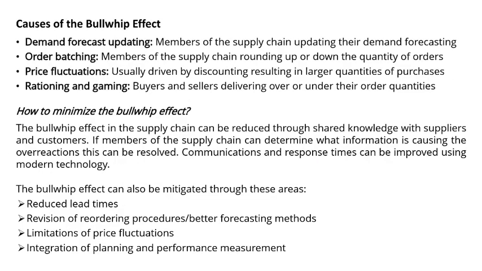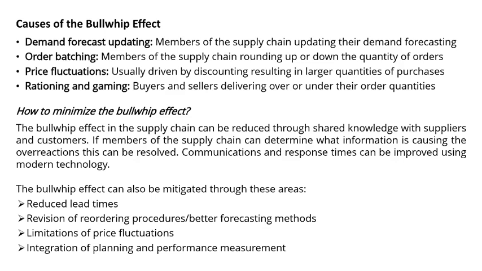Next, we'll see a few causes of the bullwhip effect. First one being demand forecast updating. Here, members of the supply chain need to be updated on their daily demand forecasting, else the bullwhip effect would take place. Order batching. You should maintain a specific lot of orders or set of batches. The members of the supply chain round up or down the size of the quantity of the orders.